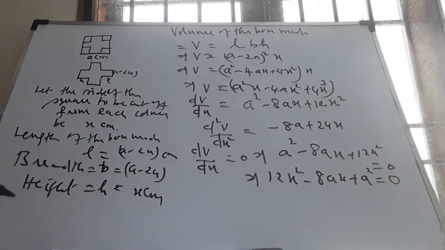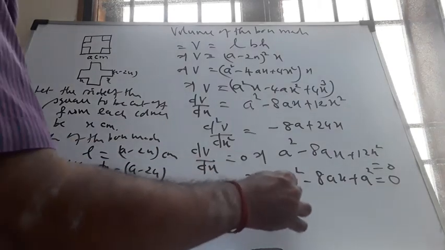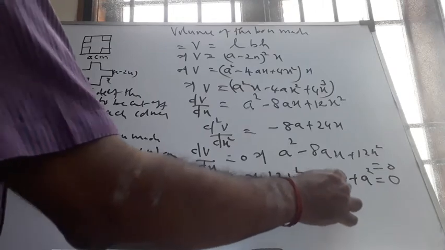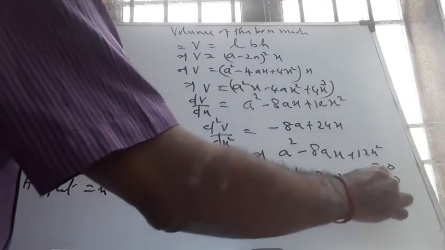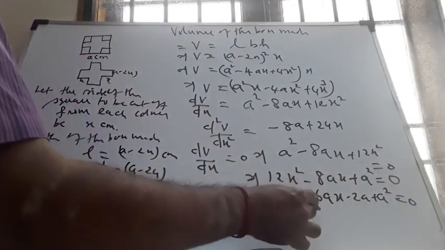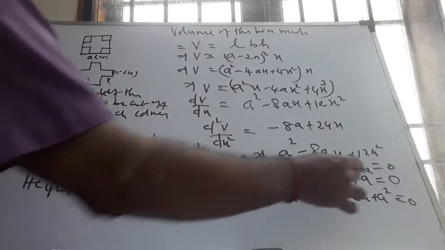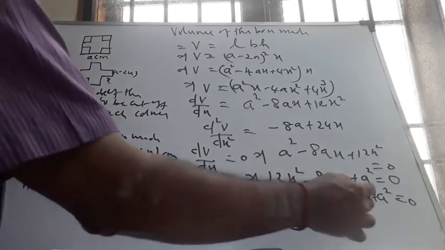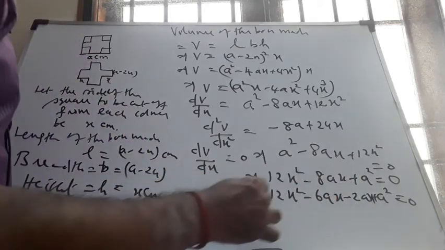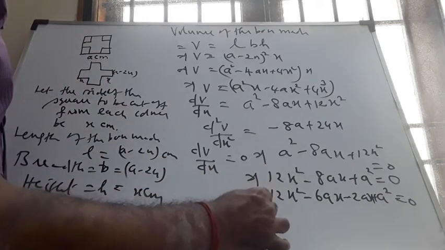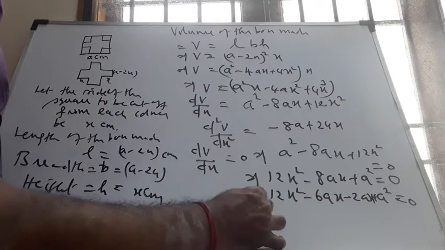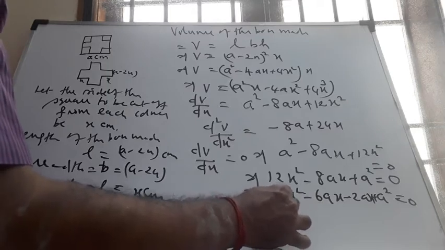Okay, just listen carefully. What I will do here is, I'll write this as 12x square minus 6ax minus 2ax plus a square is equal to 0, because minus 6a into minus 2a becomes 12a square, and minus 6a minus 2a becomes 8a. Of course, x is there. Now, what is the common factor? Let me take 3a as common.